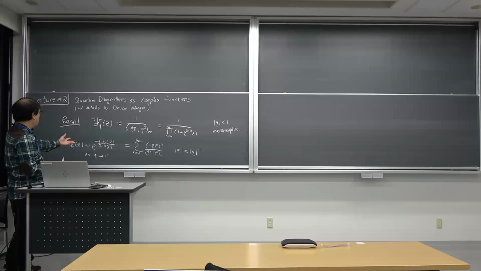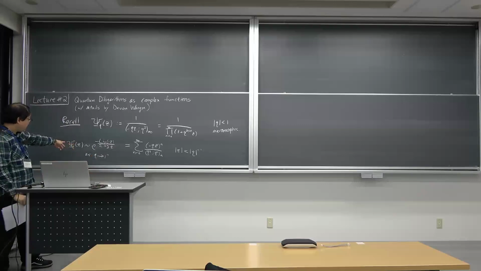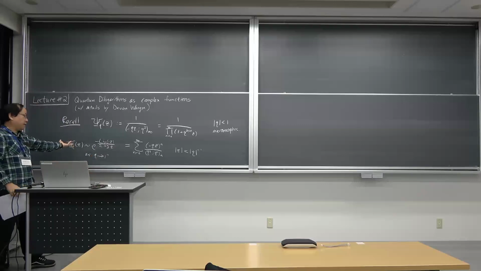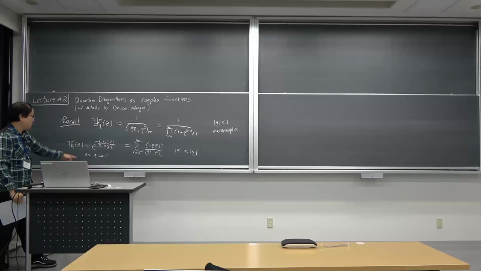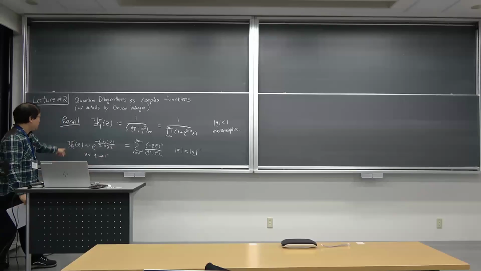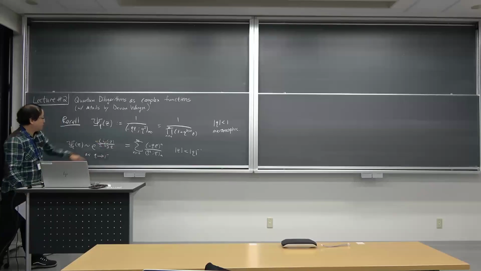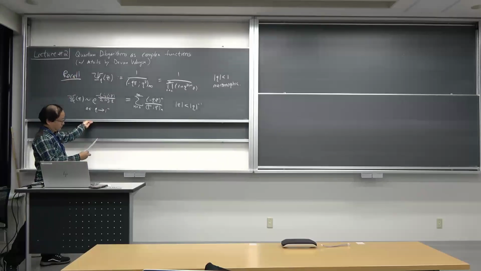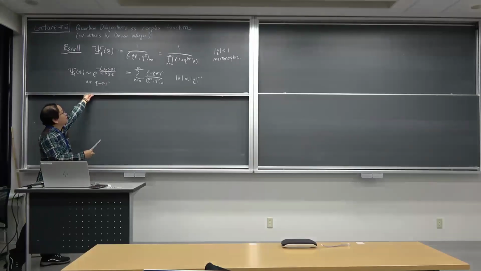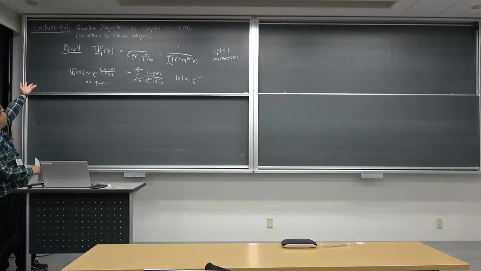So as a complex function, it's just a number. When q is real and goes to 1 from the left, then this function behaves just like the Euler dilogarithm. So that's basically the version we used yesterday.